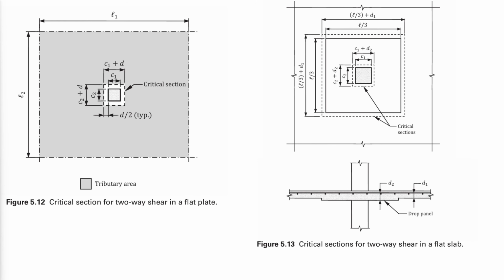The two-way shear critical sections in flat plates and flat slabs are shown as follows. In flat plates, the critical section lies a distance d/2 away from the face of the supports. In flat slabs, there are two critical sections, one in the panel that is a distance d2/2 from the face of the support, and one in the slab that is a distance d1/2 from the face of the drop panel.